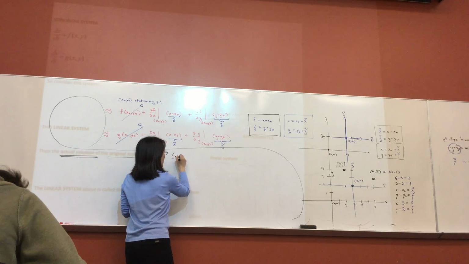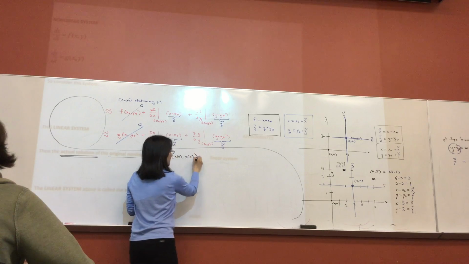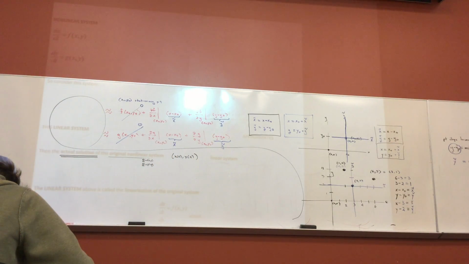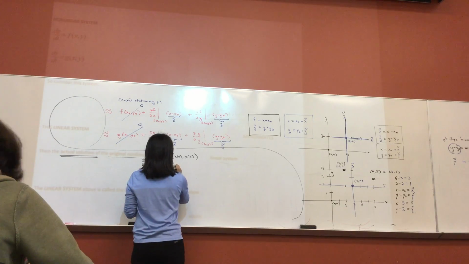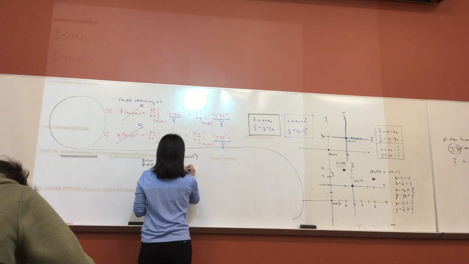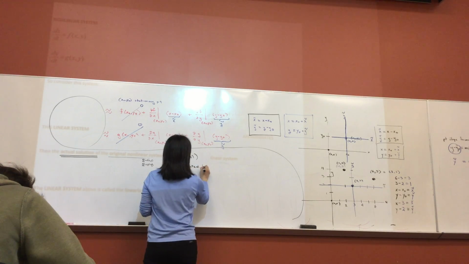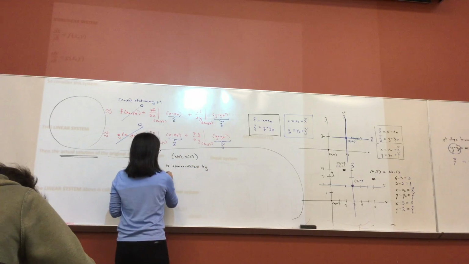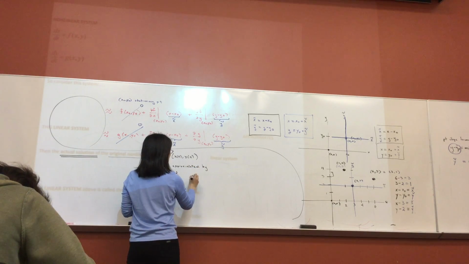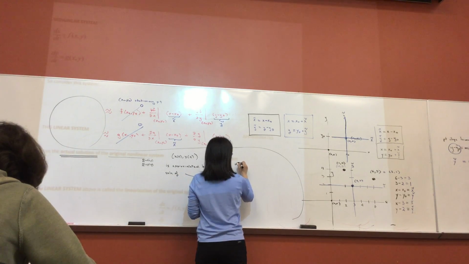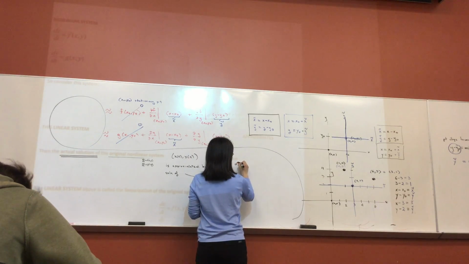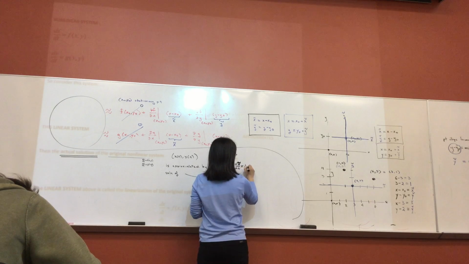So the actual solution, which you would write as x of t, y of t, is approximated by the solution of the linear system dx tilde dt equals A x tilde.